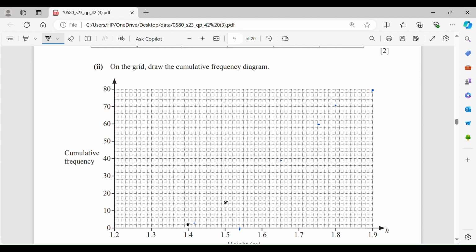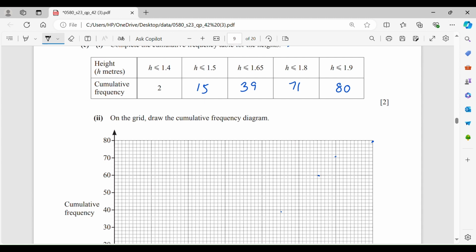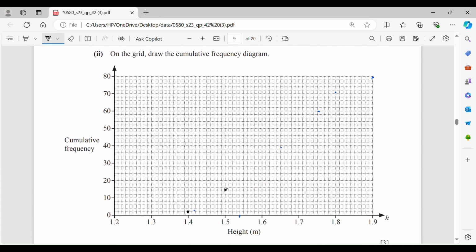Next will be 1.65, 39. 1.65, right? So 1 2 3 4 5, this and this will be the 39 point. Next will be 1.8, it is 71, and then 80, right?